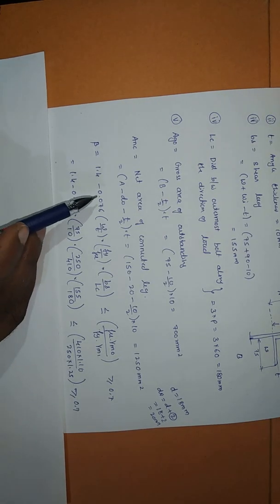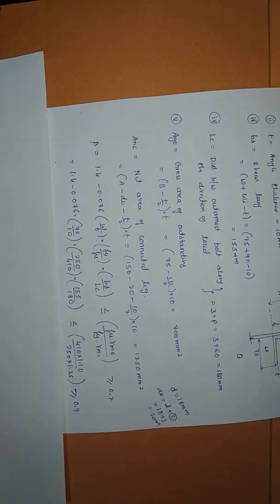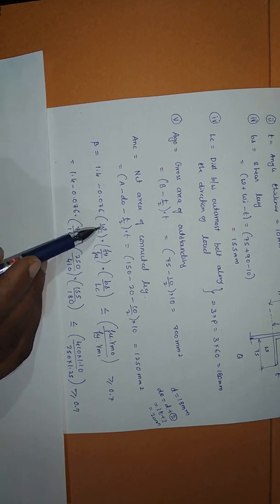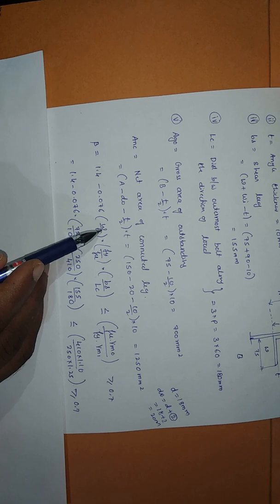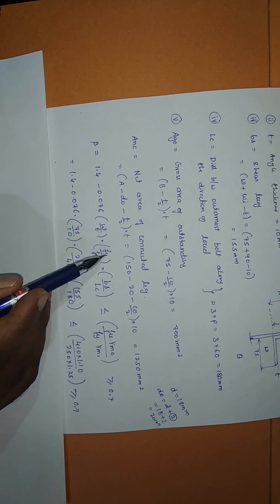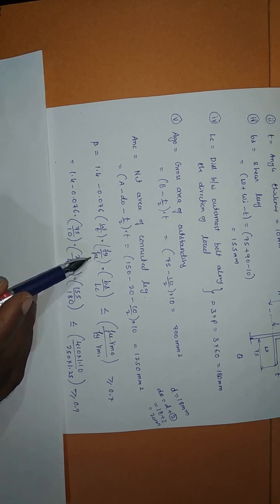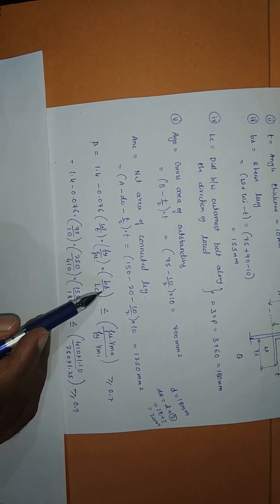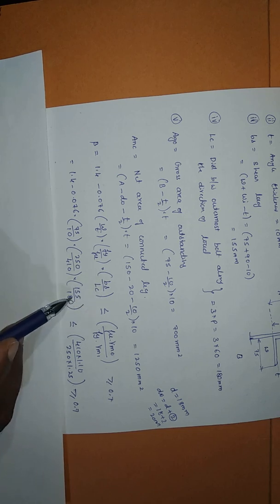Now if we substitute all the values in this formula, we get the beta value: 1.4 minus 0.076 into W by T, into Fy by Fu, where Fy, the yield stress, is 250 and Fu, the ultimate stress, is 410, and into Bs, already calculated as 155, divided by Lc.